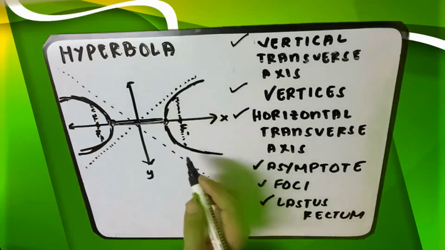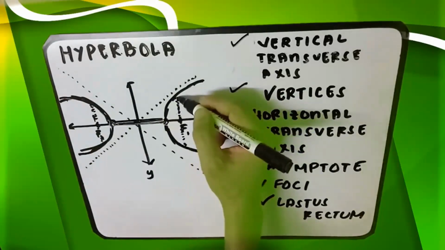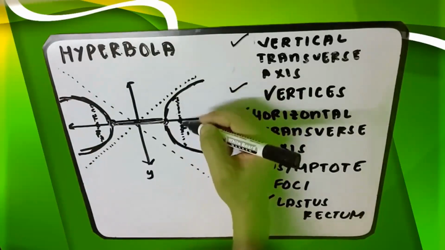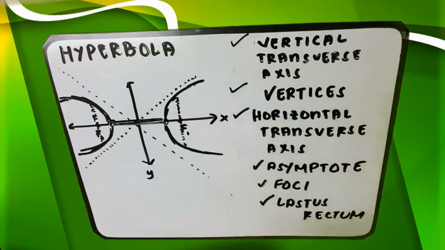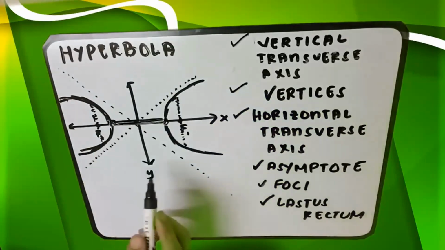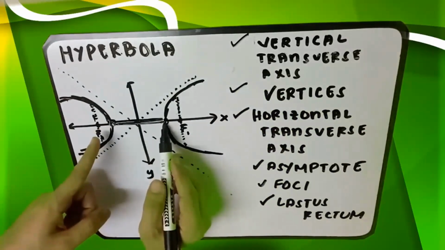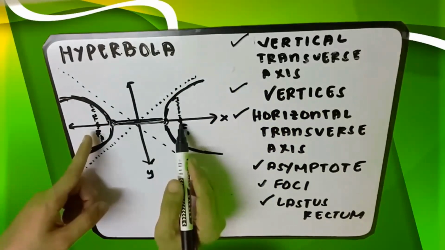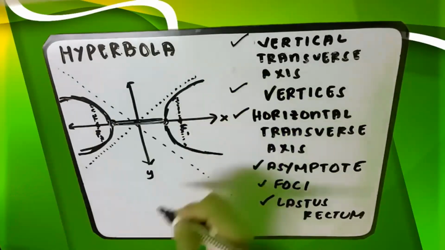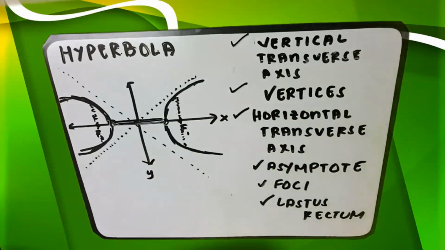So automatic, kung same lang sila ng parabola, same lang ang distance or ang length ng latus rectum sa right at sa left. So that is the latus rectum. Vertices, if we connect, horizontal transverse axis, focus or foci, asymptote, latus rectum. So yung formula sa pagkuha ng latus rectum, ng foci, ng asymptote, nasa ibang video yun.